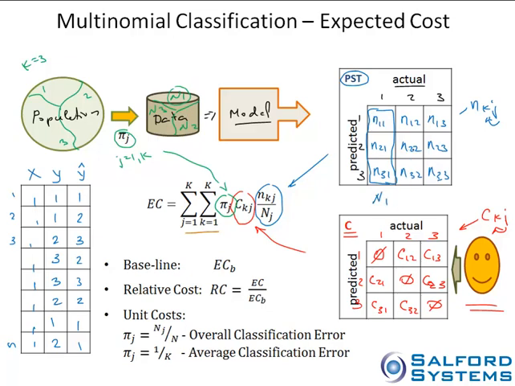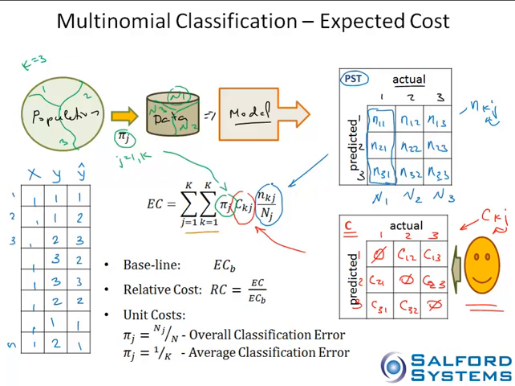This column sum gives you the total class of n2 records, and this is n3 records. So this ratio here shows the fraction of records from within the current class under consideration that was misclassified as one of these other classes.